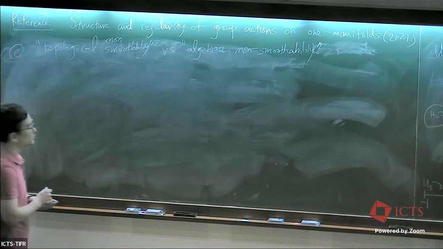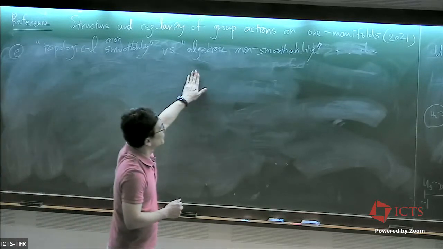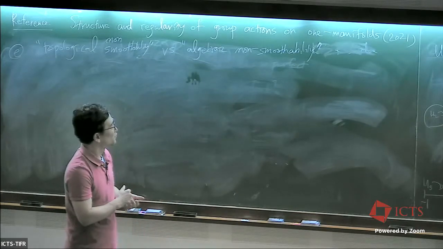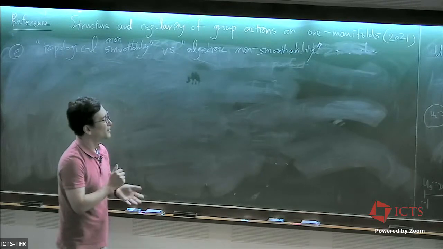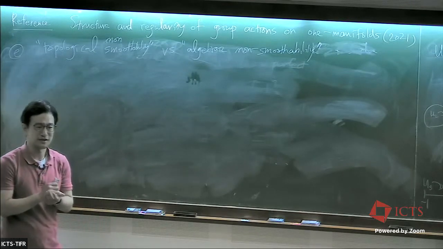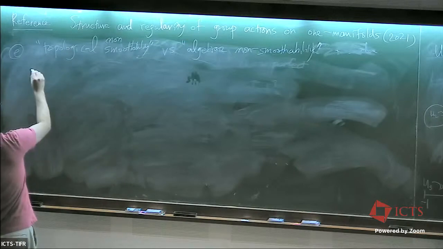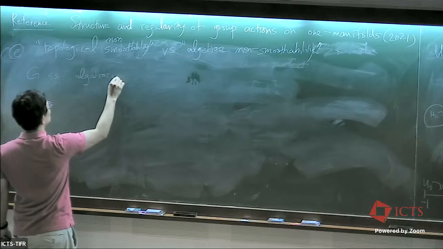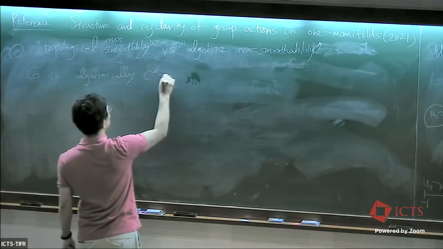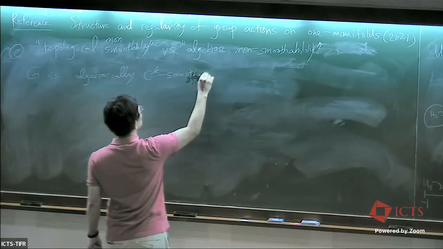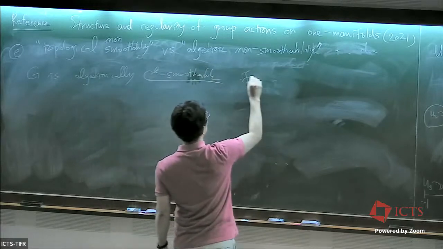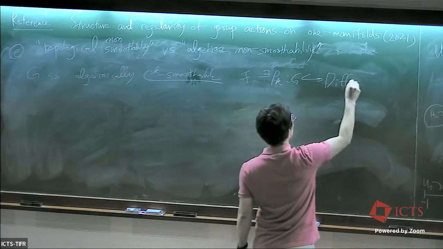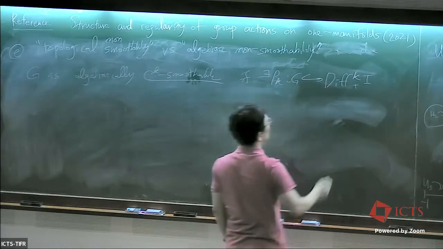And algebraic non-smoothability is more flexible, or more rigid in another sense. So we want to prove that whatever homomorphism you consider, it cannot be injective. So G is algebraically C^K smoothable if there is a rho_K sending G into Diff^K of the interval or circle.